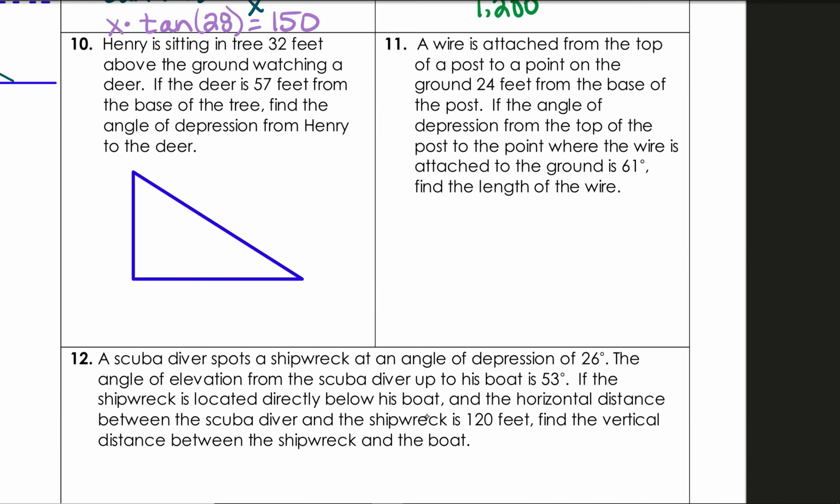He's 32 feet above the ground. The deer is 57 feet from the base. All right, so I can't draw a deer, so we're going to say, oh, there's the deer. And we'll give him a set of legs, maybe a face, maybe some antlers. All right, that's the best I got.